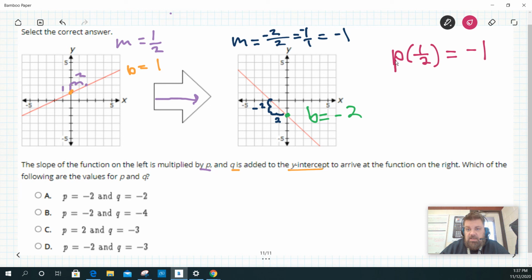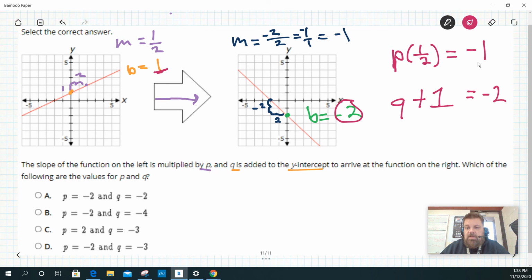So that's p. And then q is added to the original y-intercept, which is 1. And that has to equal the final y-intercept, which is negative 2.